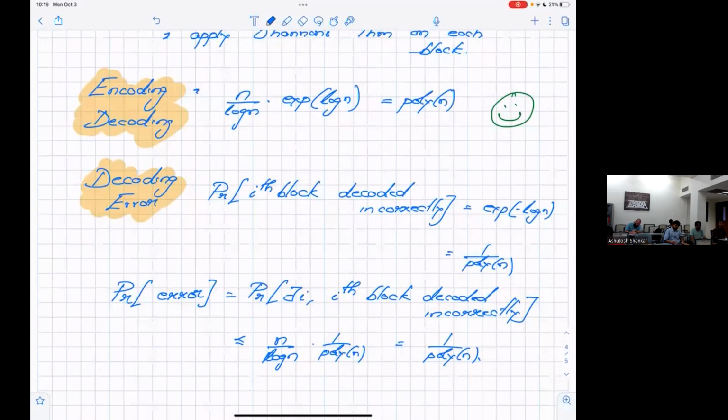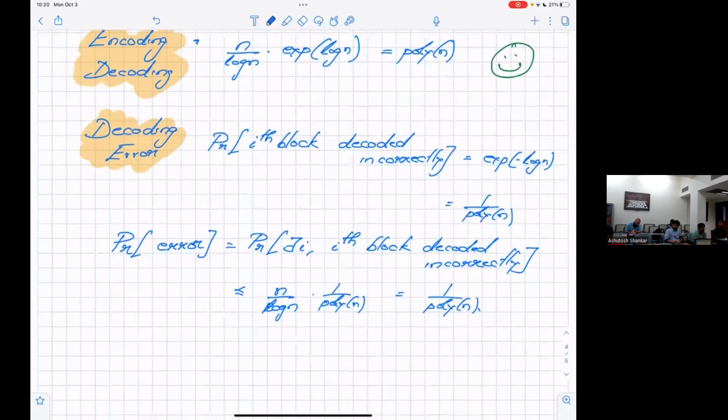Are people with me so far? I've done nothing so far. I haven't used concatenated codes. I just went back to Shannon's proof. Shannon gave a construction that was for n bits long. I'm going to apply the same construction on each log n bits separately, and hence I get the advantage that the encoding is polynomial, and the decoding is poly n.